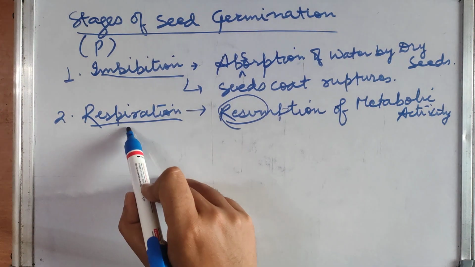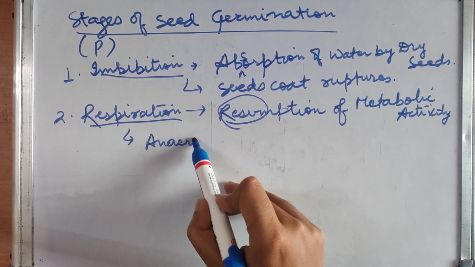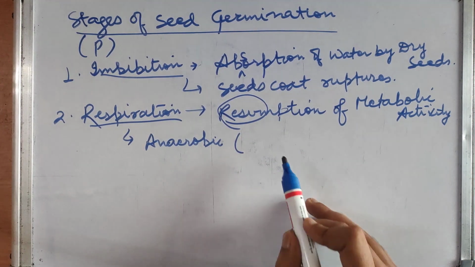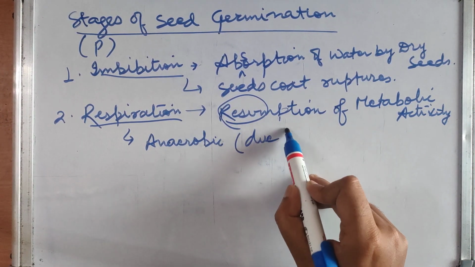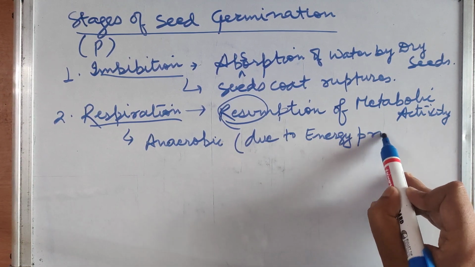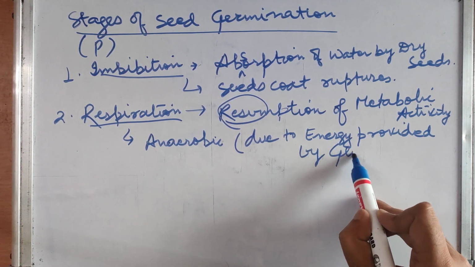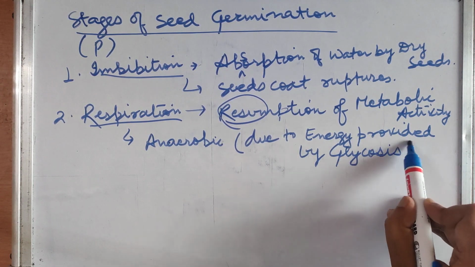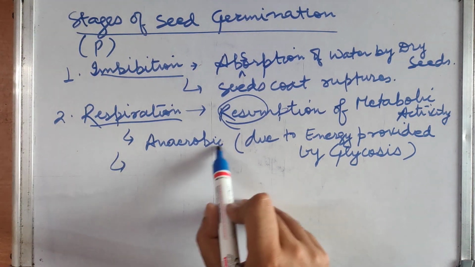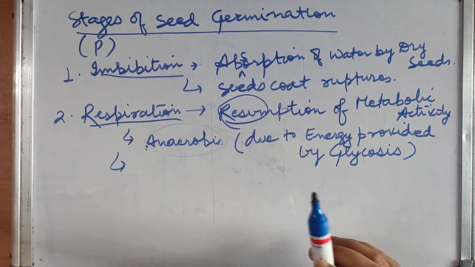Initially it is anaerobic, due to energy provided by glycolysis. As in the start, the seed is not able to take in oxygen properly, so it is anaerobic.